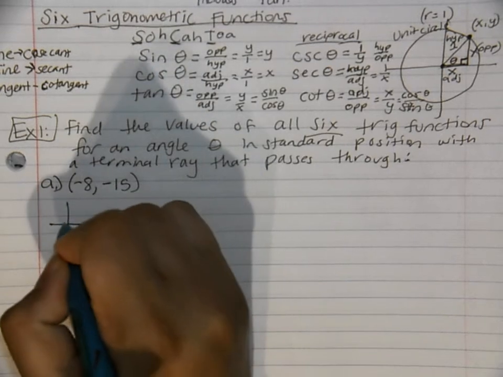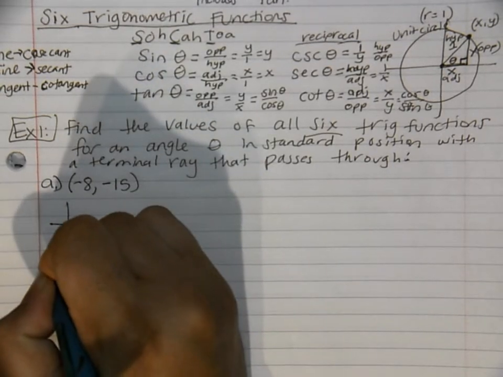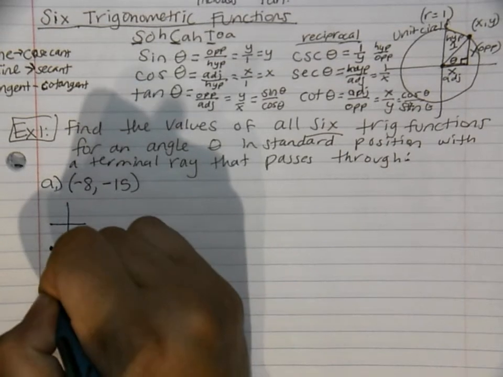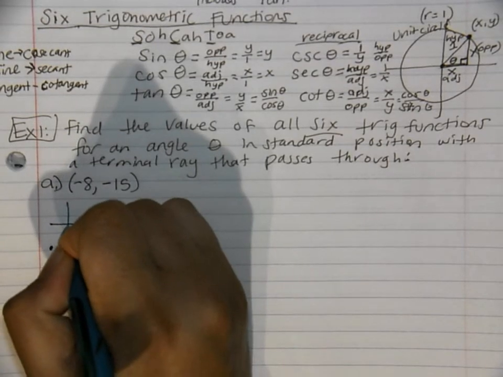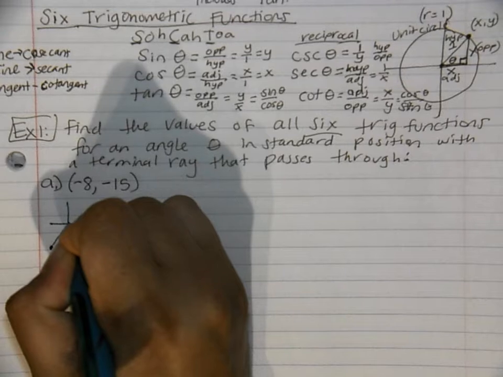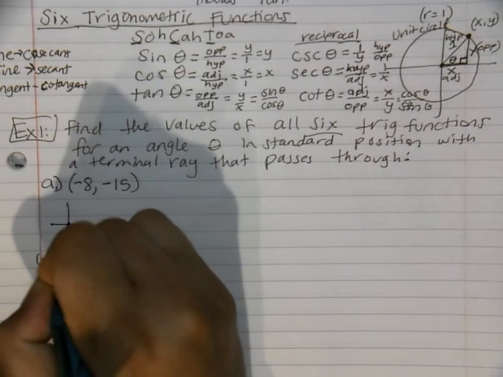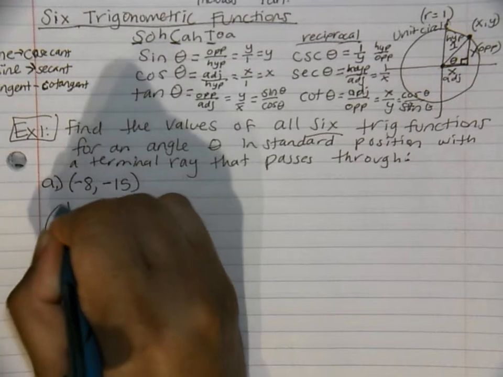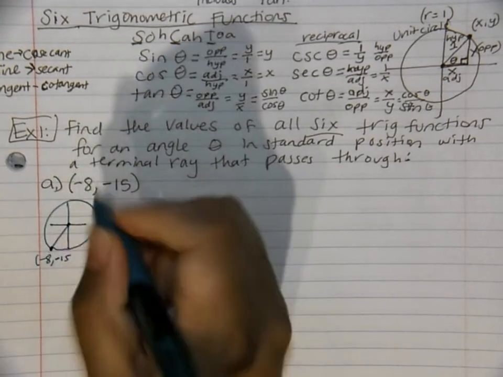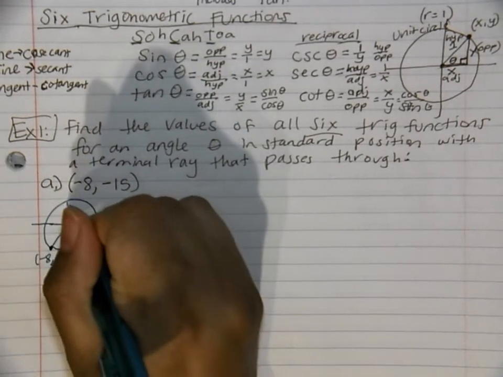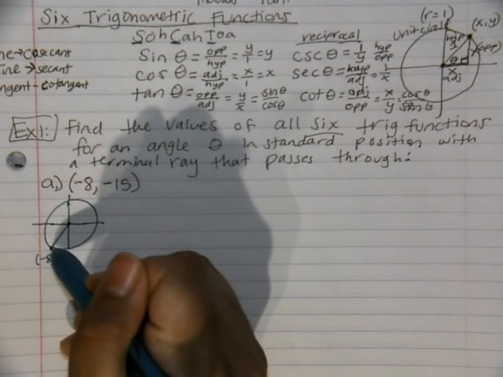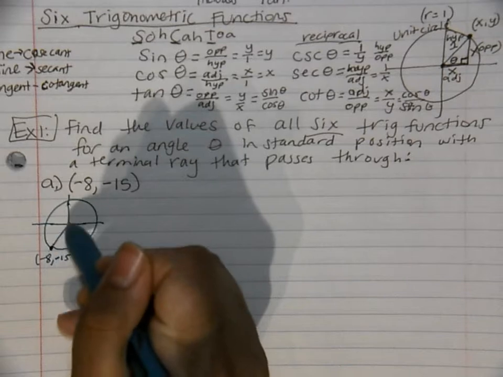So when I plot -8, -15, this is just a sketch, right? Of course -15 is probably even further down, but just so that you get the idea, it's from 0 to this point, which is -8, -15. I could imagine a circle kind of like this, but specifically I want to work with this point here, or this terminal ray that I just created.